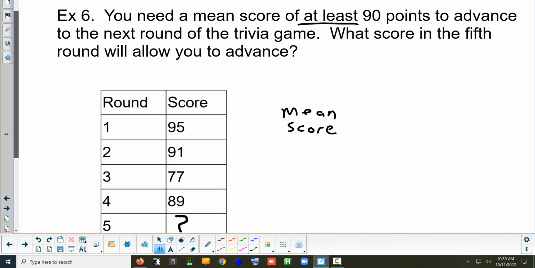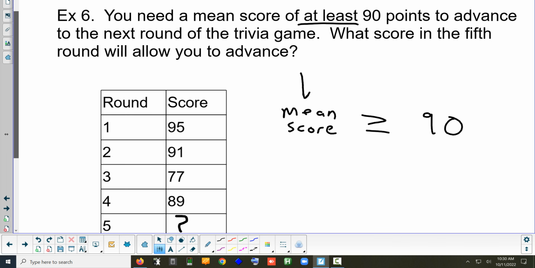Yeah, greater than or equal to. If something is at least 90 points, like if you said I need to get at least a 90, that means you'd be happy with a 90 or up. And in this case, what do they want the mean score to be at least? At least 90.